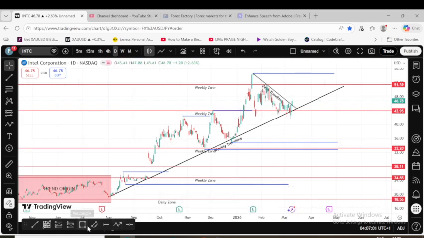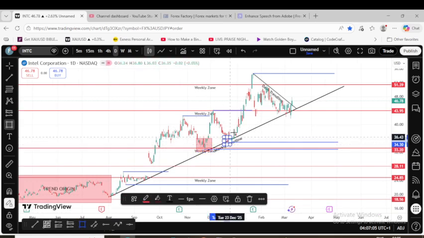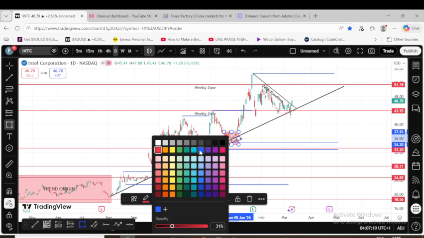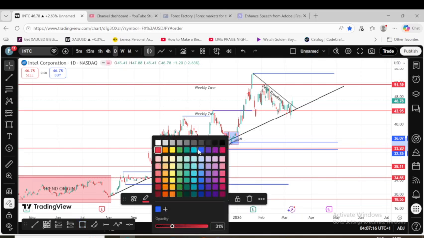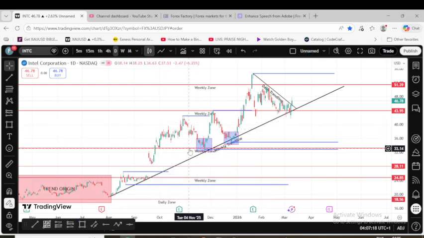So before that, let me circle here and here. These two blue boxes that we have now, I'm going to go down to the lower time frame to see what patterns appear within these two blue boxes.